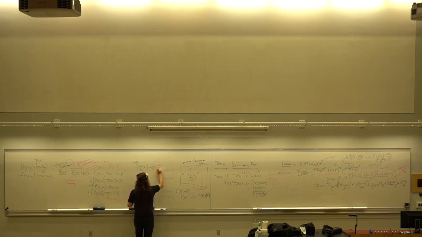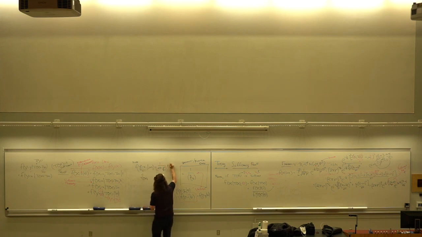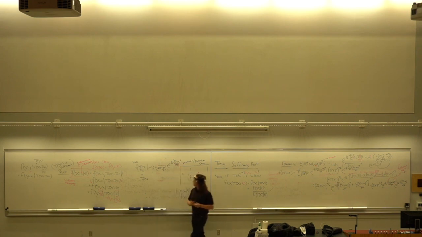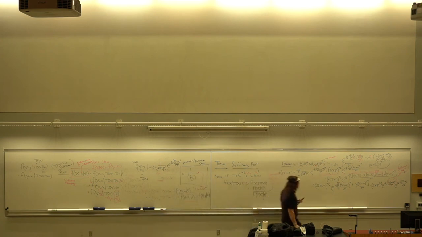It's going to be 1 over 2 pi sigma squared over n, e to the minus 1/2 x bar minus mu squared over sigma squared over n. And that whole part of everything is almost right here. So the kernel of everything is right here, and we're going to see cancellation.